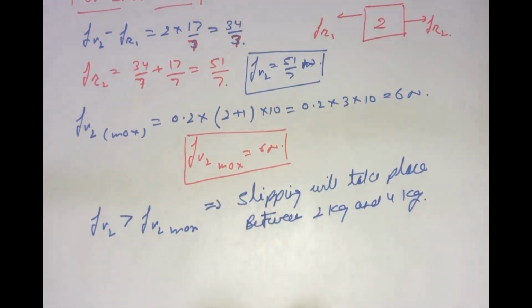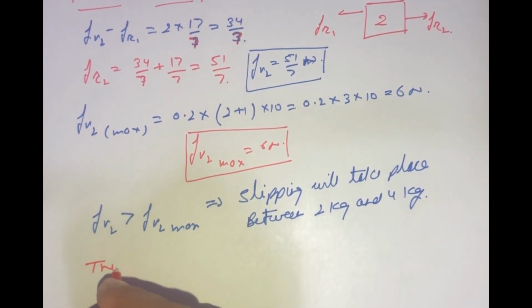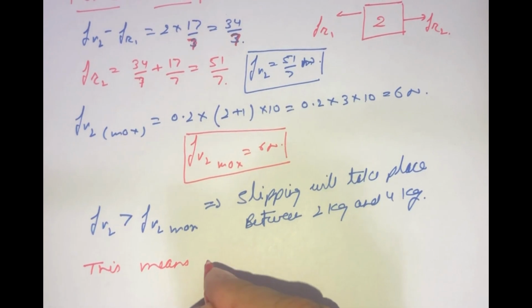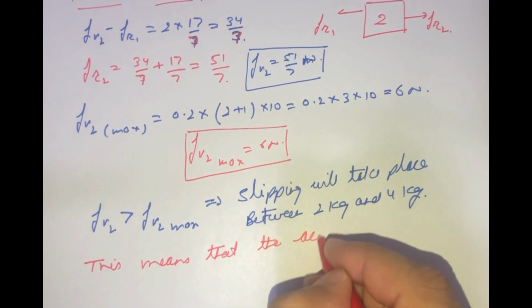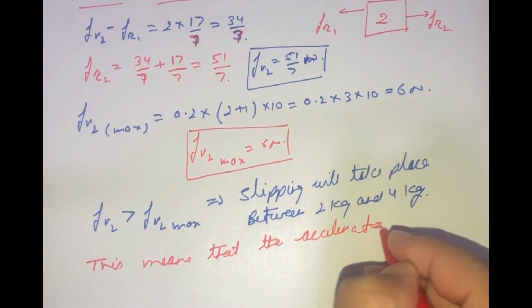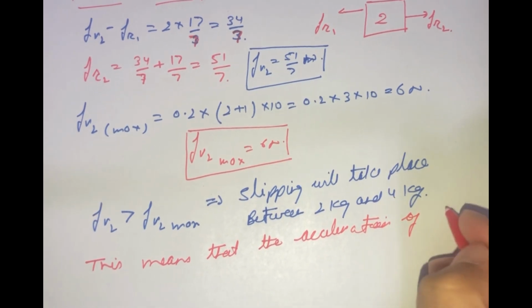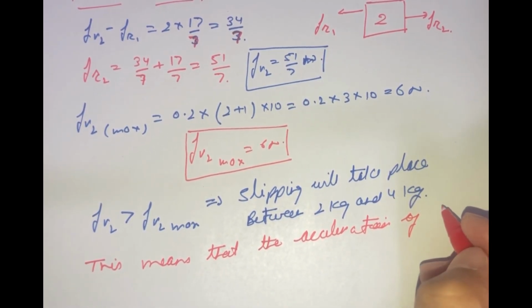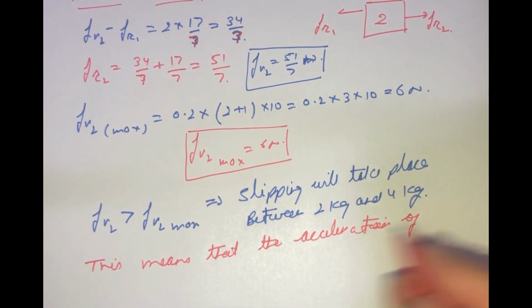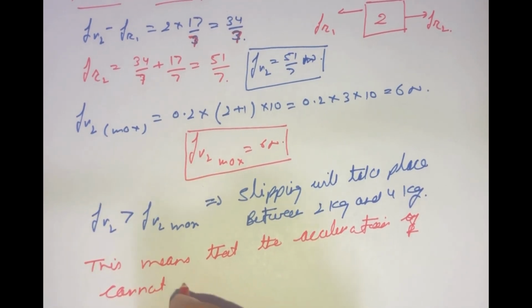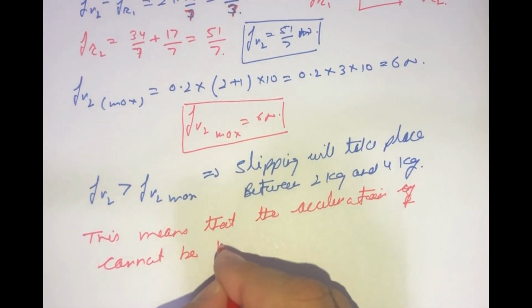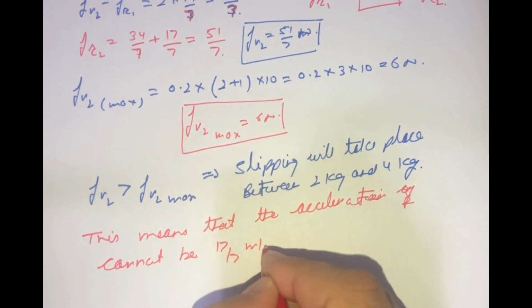Or we can also say that this means the acceleration cannot be 17.7 meter per second square.